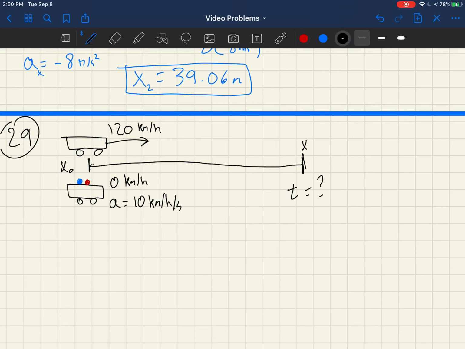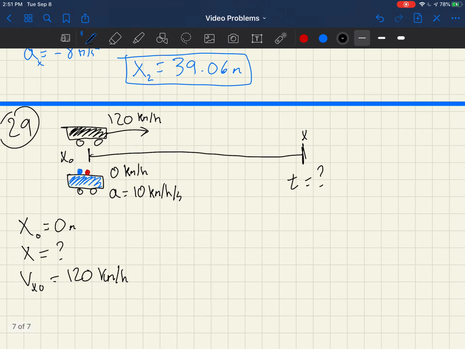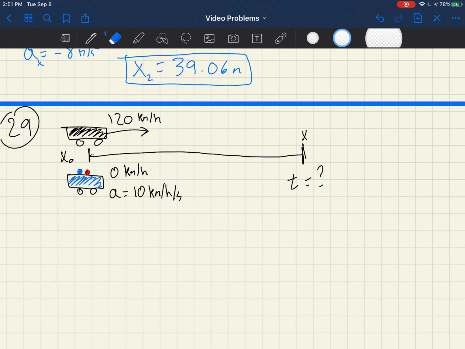This will be the black car, the cop car, let's make it blue. Okay, so for the regular car, the black car, x0 we'll call 0, x we don't know. The initial velocity is going to be 120 kilometers per hour. You know what? Sorry. I'm going to make all this red just to separate everything.